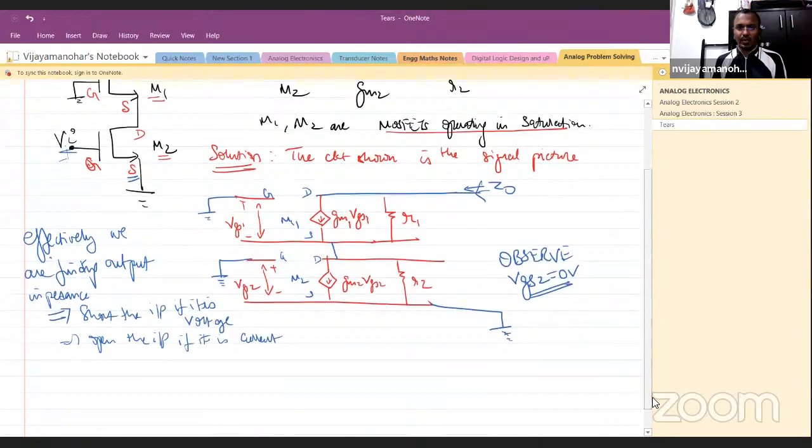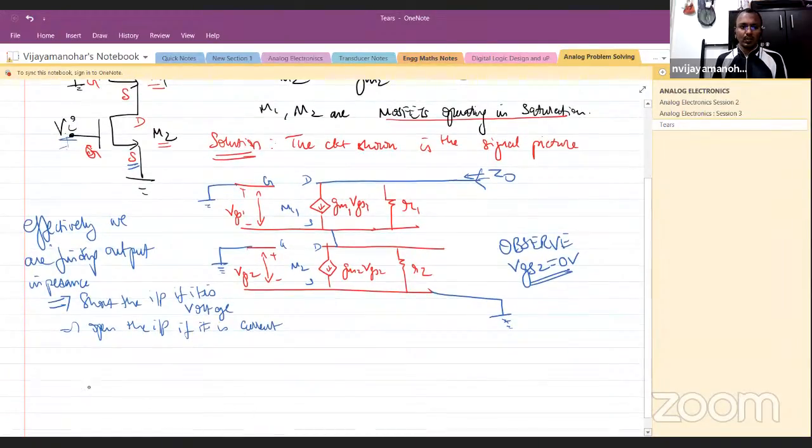Let us redraw the circuit. Now VGS2 is 0, that means this becomes 0. If this becomes 0, the current source is 0. That means effectively the current source is open circuited. So we have just R2 in the bottom. In the top we have, this is grounded because the gate of M1 is grounded.